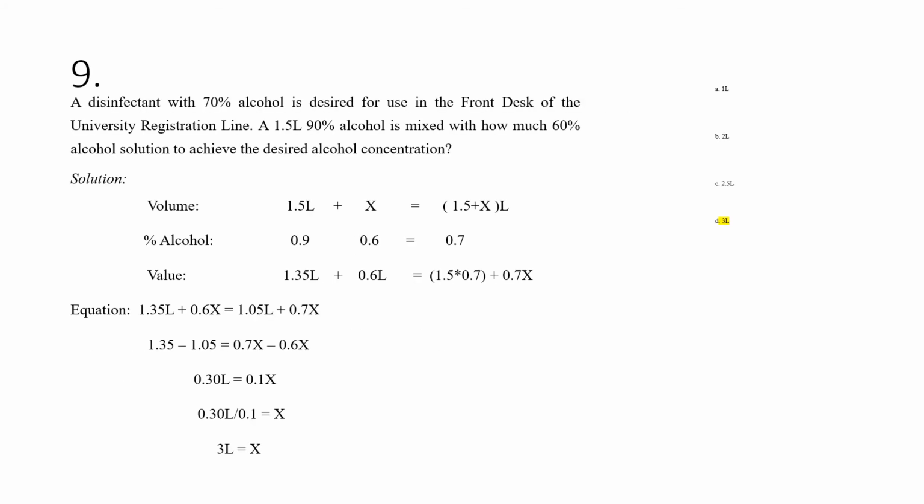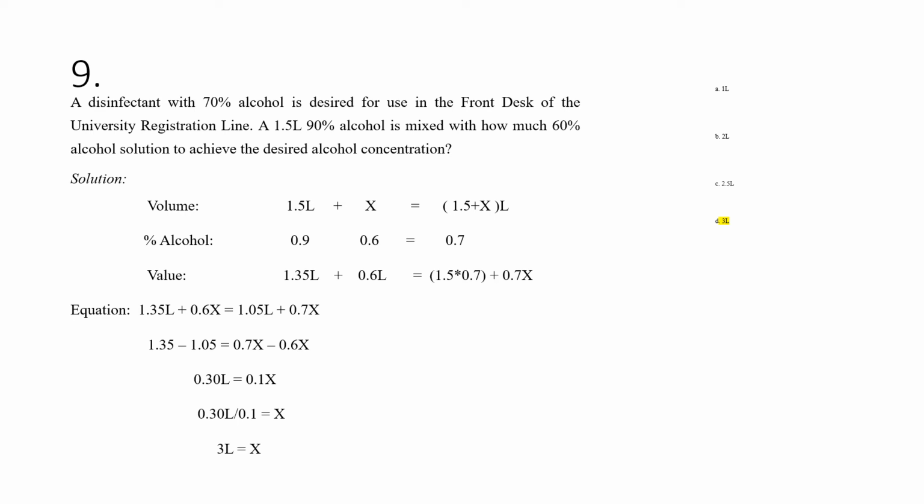For number 9, we are given that we're going to make a disinfectant alcohol at 70%, which will be mixed from 1.5 liters of 90% alcohol and a 60% alcohol solution. Mapping it out the same way as number 8, the 1.5 liters will be a 90% alcohol solution.